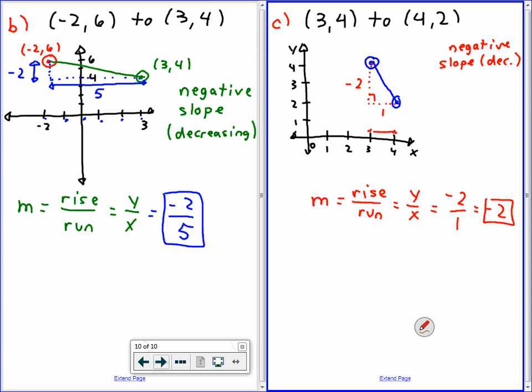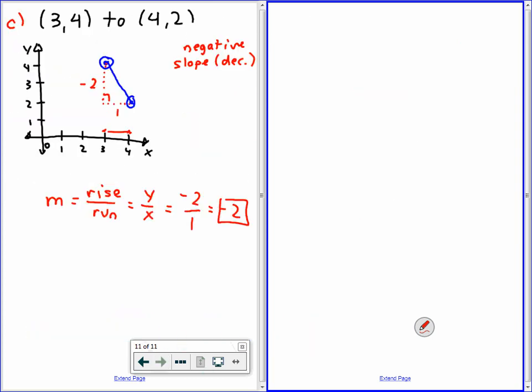Here we go. This is example 3. I'll do the first one, you guys can do the rest. We're going to say, given a point and a slope, find two other points on the line.